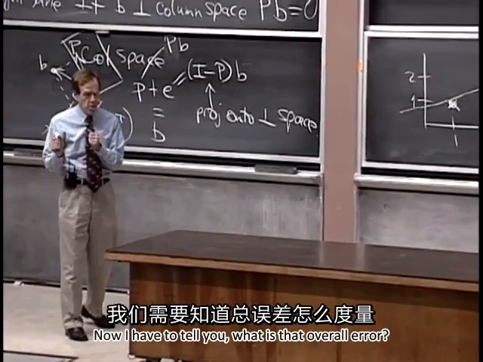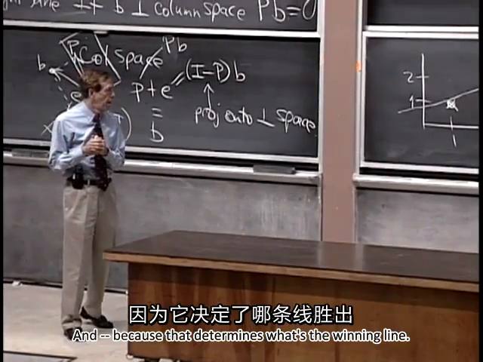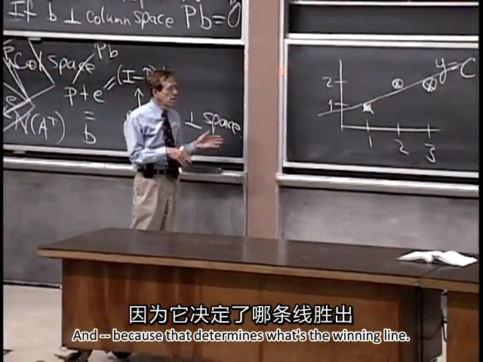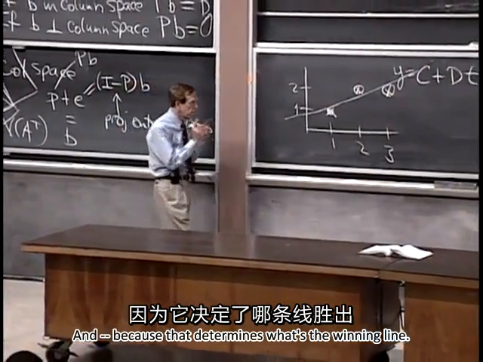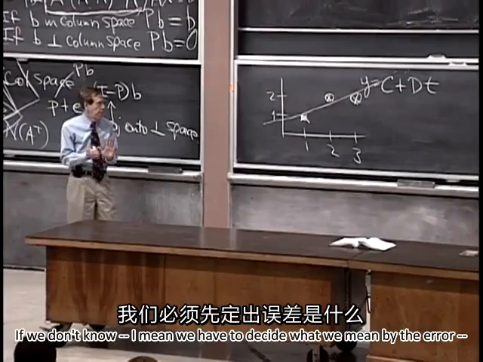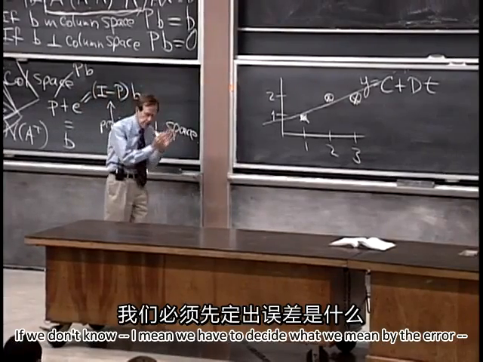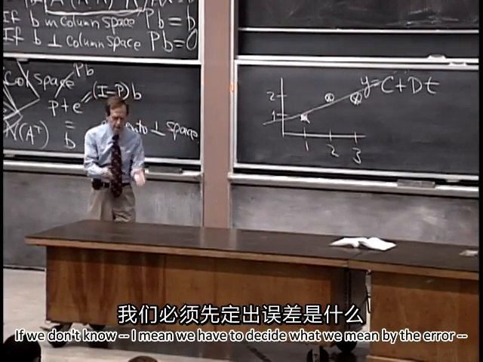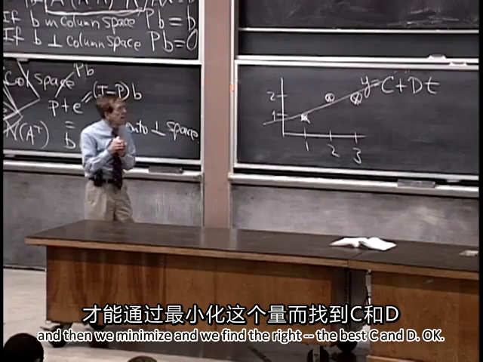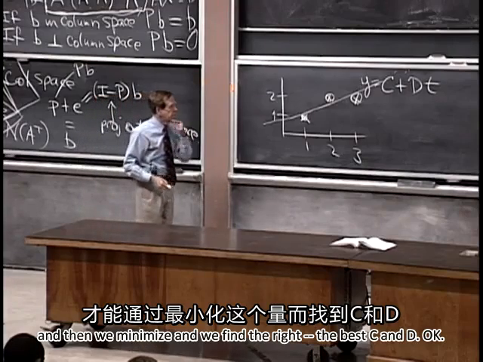Now, I have to tell you, what is that overall error? Because that determines what's the winning line. We have to decide what we mean by the error. And then we minimize, and we find the best C and D.